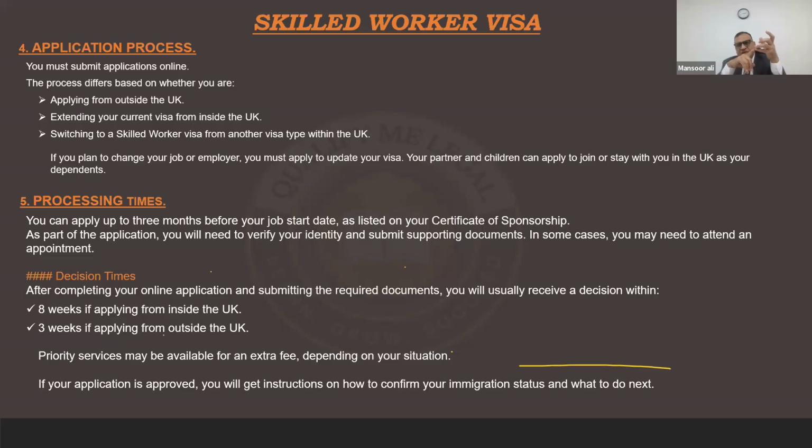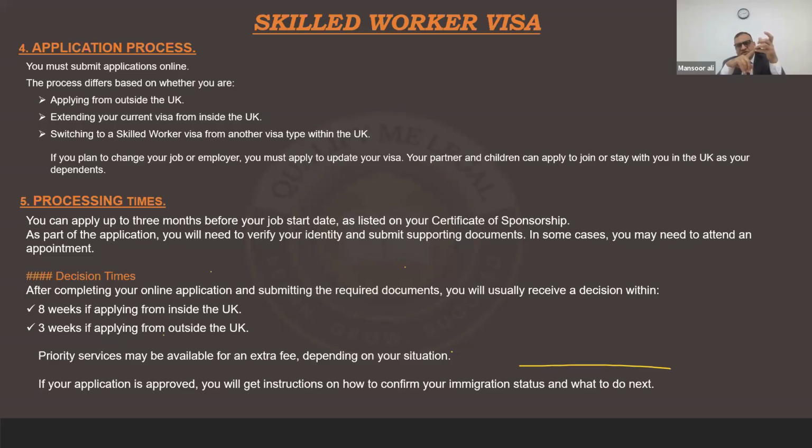The employer is going to sponsor you, and thereafter you can apply. The important thing is you need a job, an offer of a job, and thereafter you can apply for this visa category.